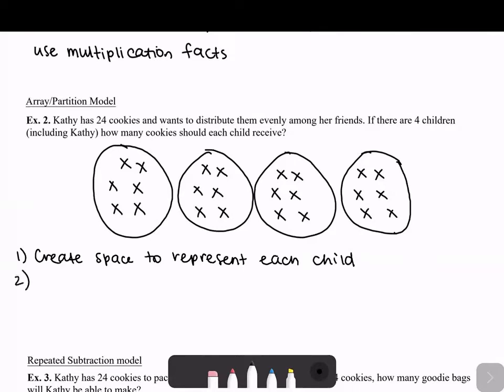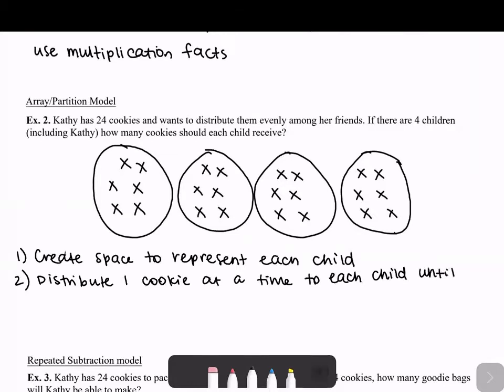The second thing we did was distribute 1 cookie at a time to each child, and we repeated this until all the cookies were gone. And then, this is the part we haven't done yet, we need to count the number of cookies in each group.